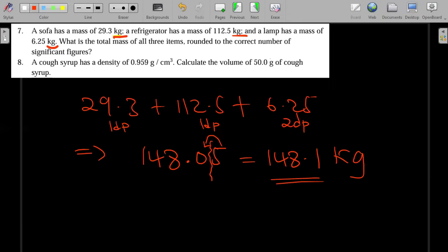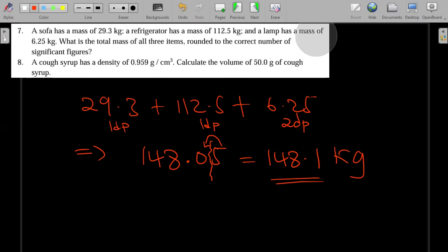If some are in grams and others in milligrams, you have to convert all of them to a common unit, and then you can add them. Always make sure the units are the same. You can't add a banana to an apple. You have to make sure it's uniform. Take note of that. That might be a question that may come.